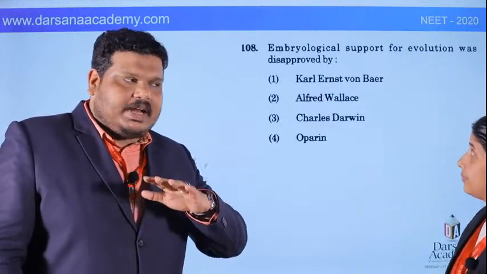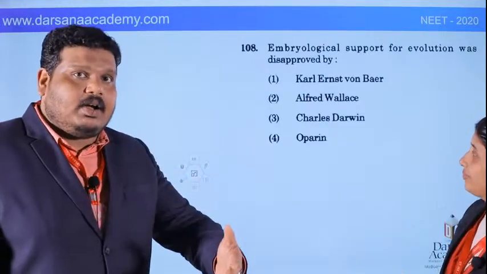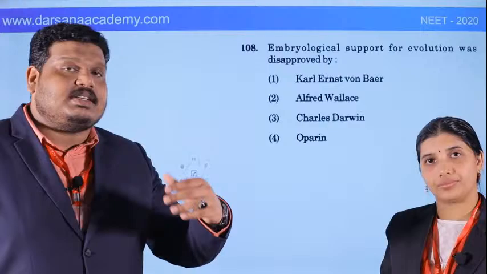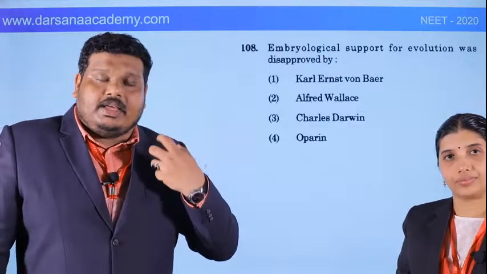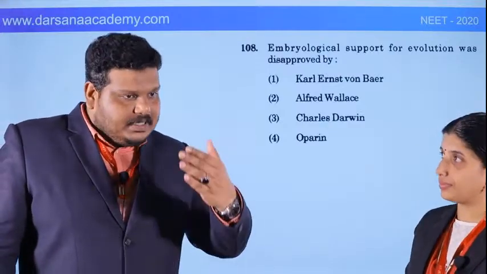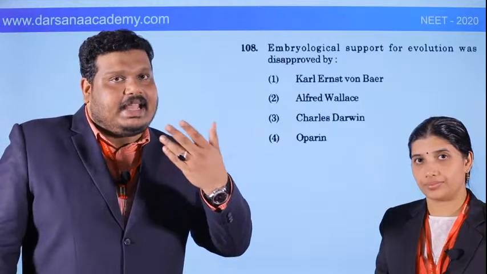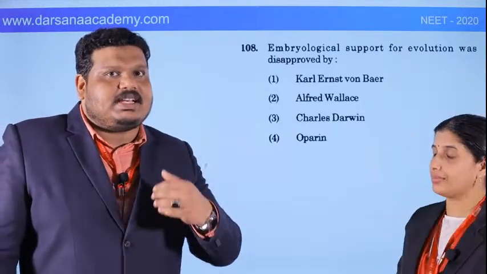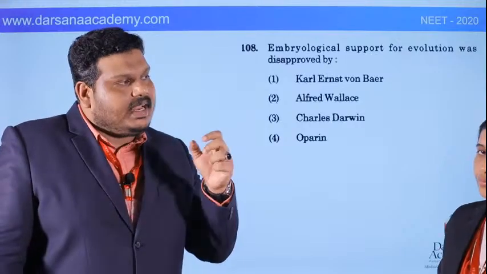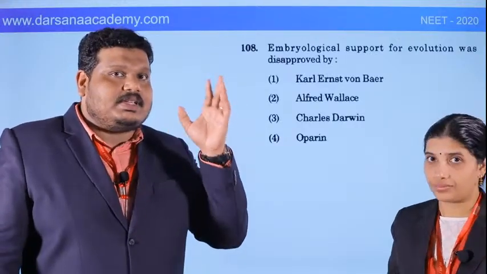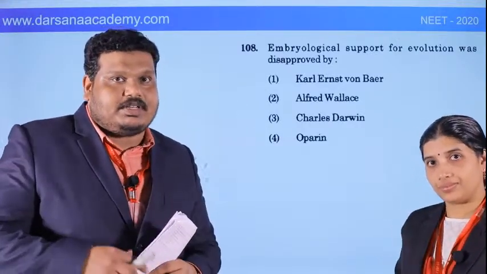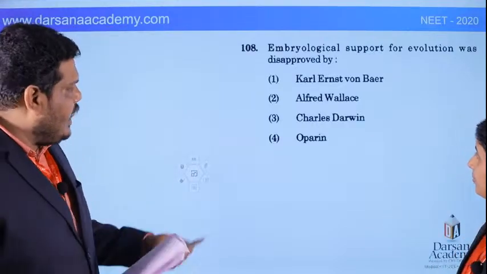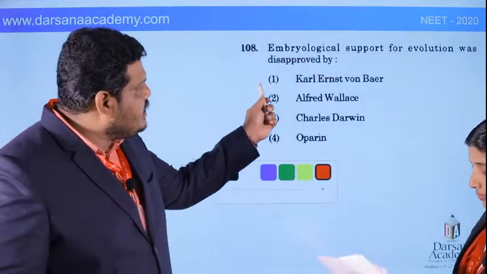These primary structures form first, and only then the special characteristic features of the species. In birds the special features are feathers, and in human beings it is hair. This shows that all organisms have a connection between their ontogenic history and phylogenic history. Ontogeny recapitulates phylogeny, as mentioned by Karl Ernst von Baer. So the answer for question number 108 is option number 1.